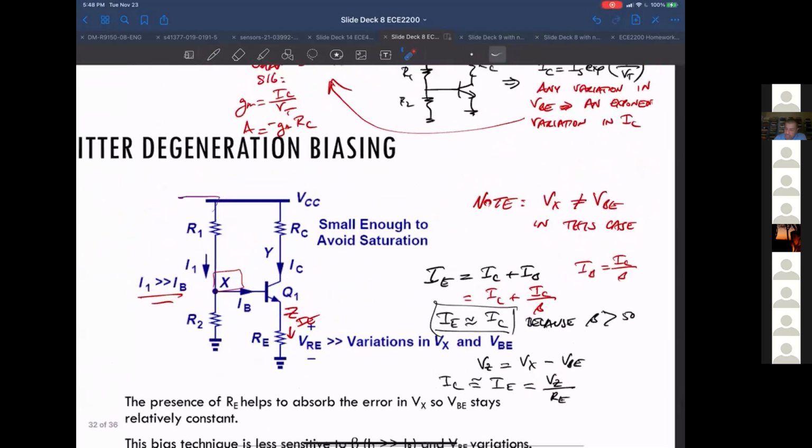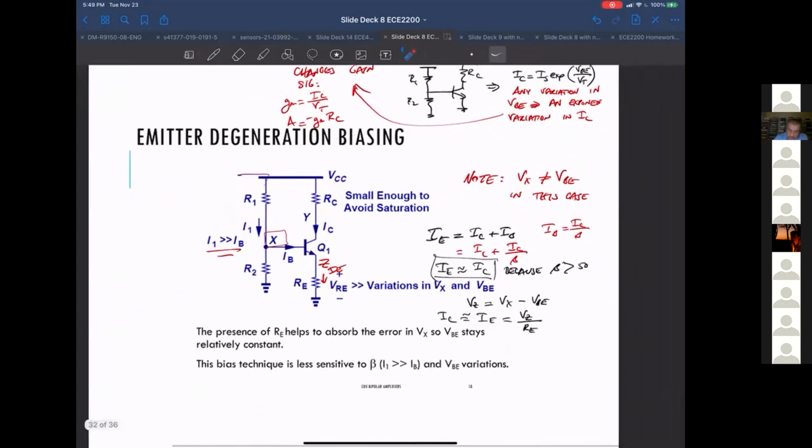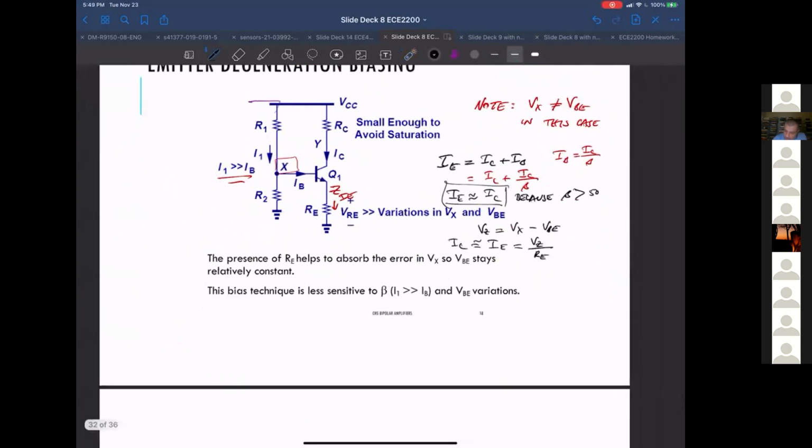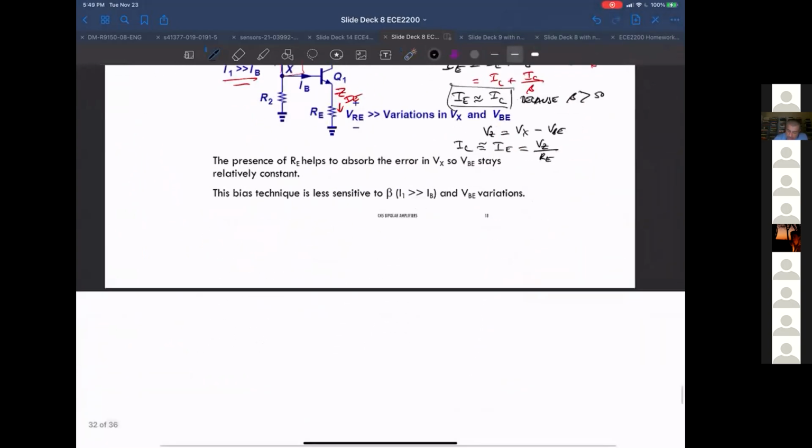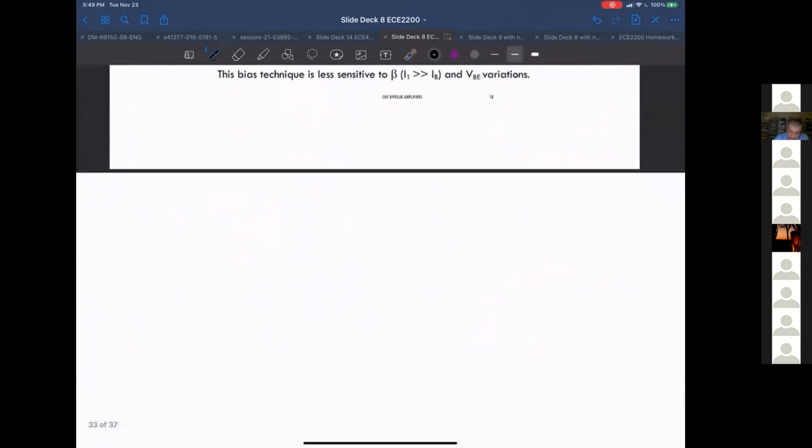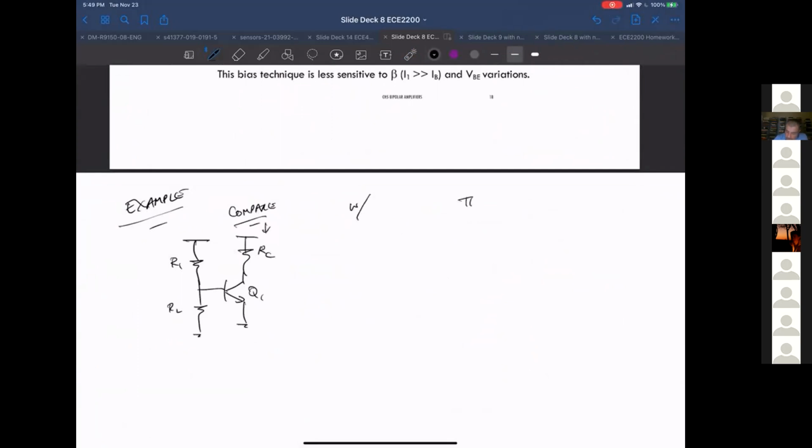So let me show you guys an example. Let me pick an example. So example, let's compare this case with this.